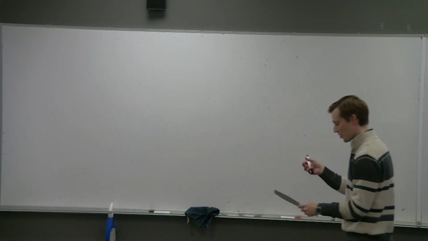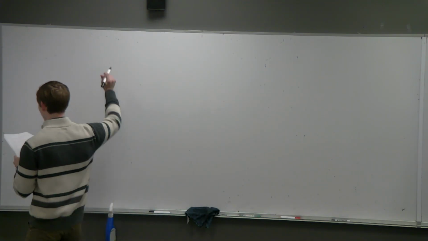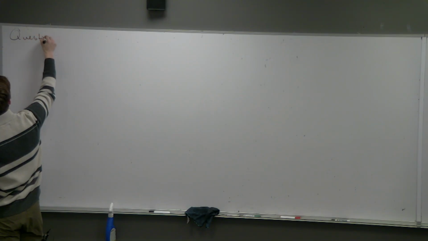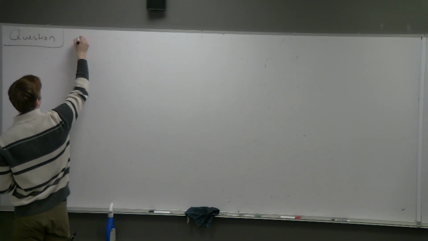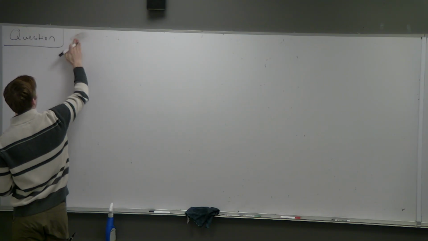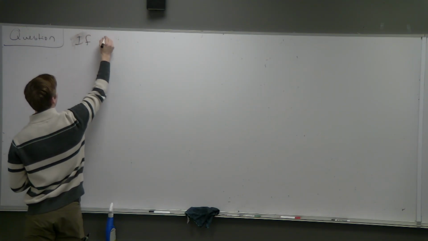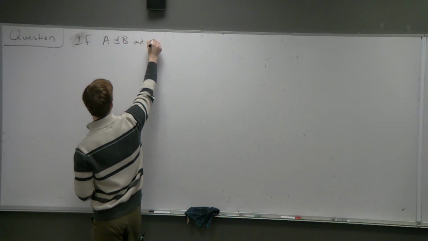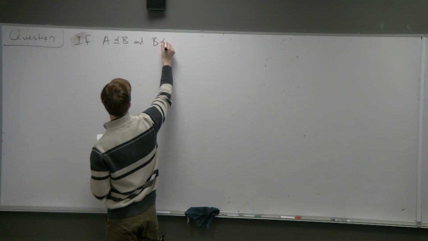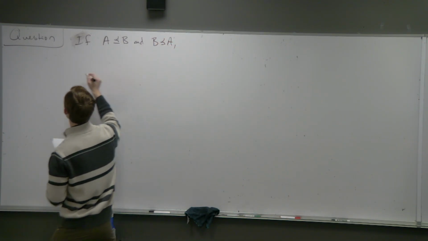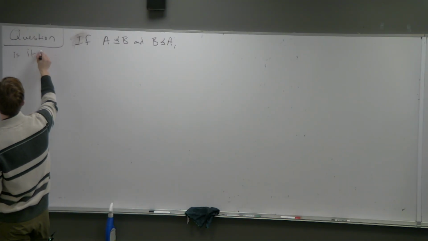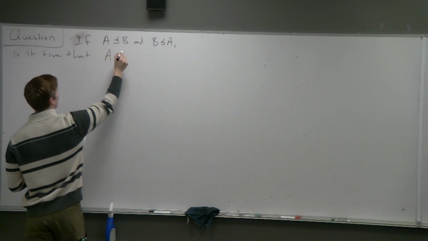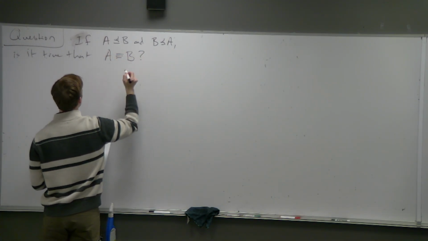Anyways, you may ask the following question. If A is weird less than or equal to B, and B is weird less than or equal to A, is it true that A and B are equinumerous?